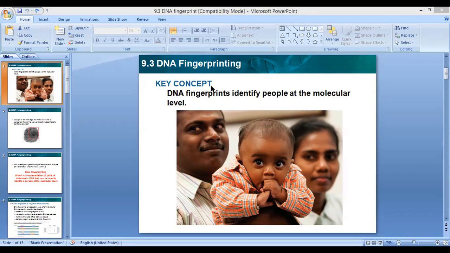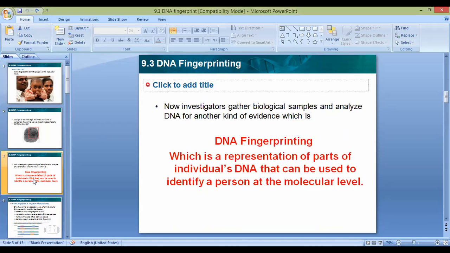Okay, but now Muhammad and everyone, DNA fingerprinting is a technique. This technique is used to identify people by parts of their DNA. Okay? Muhammad, what you said is not correct. What is it? So you never forget it.